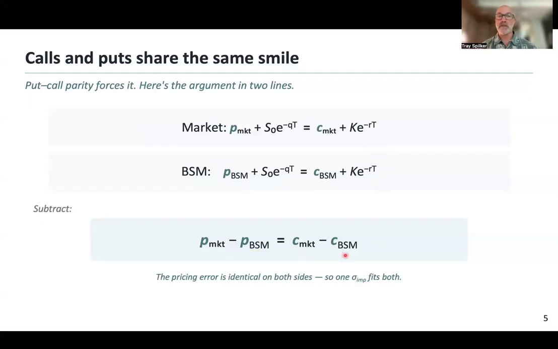So it's identical, meaning the differences between these are identical. And so one implied volatility measure will fit both call or put, right? It's that precise. So just one single implied volatility that will reproduce both prices. So we only have to worry about one smile, thankfully, not a call or a put smile. There's only one to worry about, right?